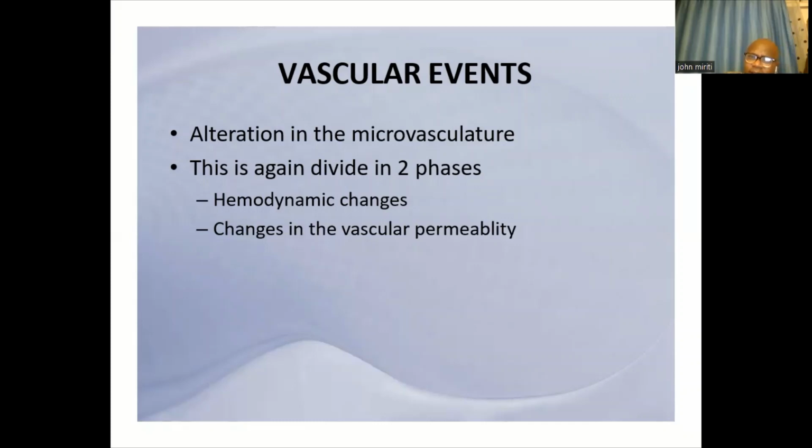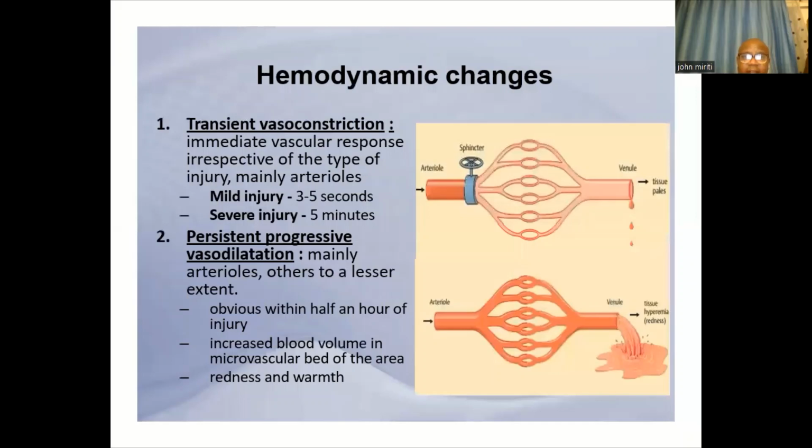The vascular event is an alteration in the microvasculature, and this occurs in two phases. The first is hemodynamic changes, and the second is change in vascular permeability. So what are the hemodynamic changes during inflammation? The first one is a transient vasoconstriction, an immediate vascular response, and it always occurs at the arteriole.